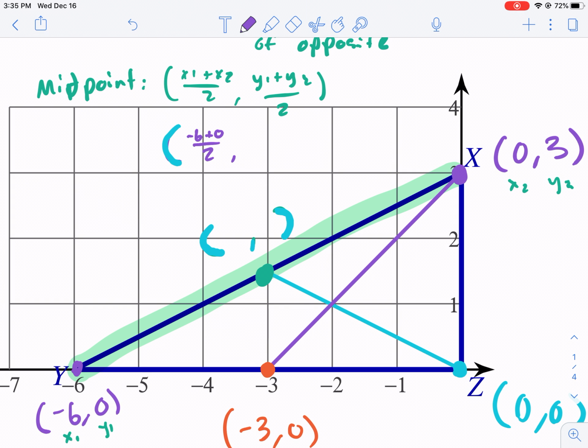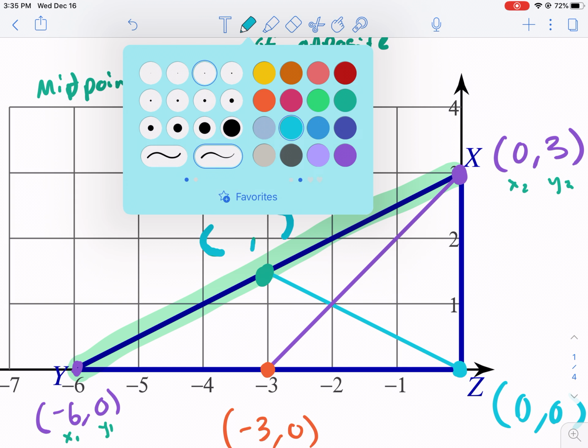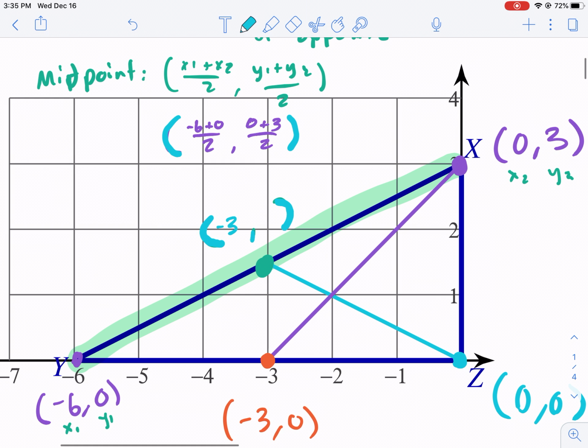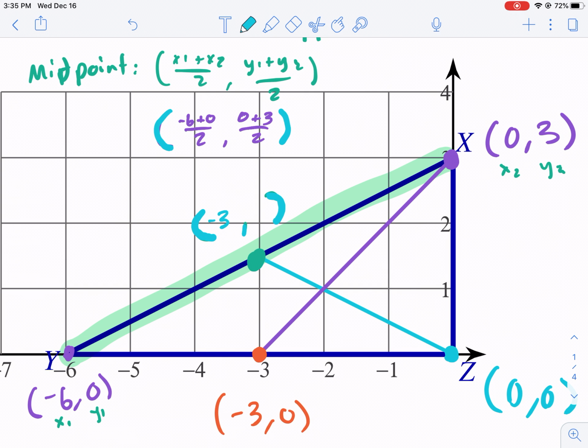And then my y values: 0 plus 3 over 2. And then this is my new blue point. That gives me the point: -6 plus 0 is -6, divided by 2 is -3. And then 3 divided by 2 is 1.5. So I have a decimal or a fraction here.